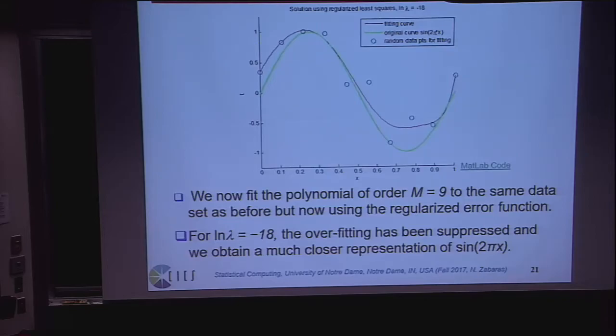So the issues that we had before have been eliminated now, because the complexity of the model is not simply defined by m equal 9, but is defined also by that lambda, all right? The regularizer controls how complex the model can be. So in principle, the regularization term tells you you cannot use complex models. It doesn't allow these W's to oscillate and perfectly fit whatever noise you have in your given data set.